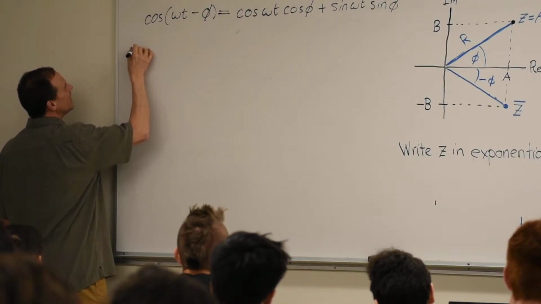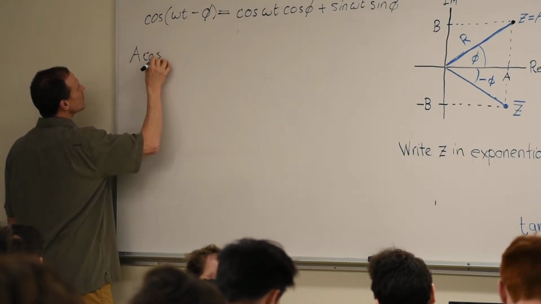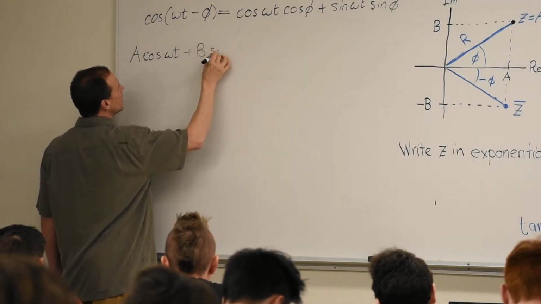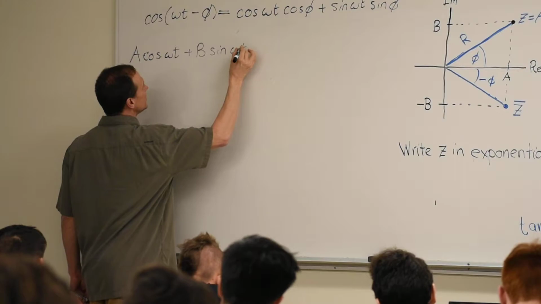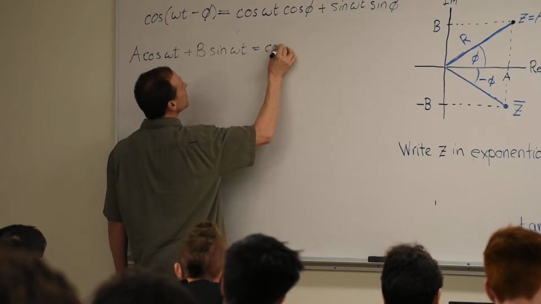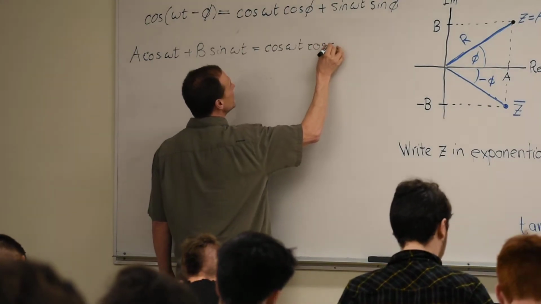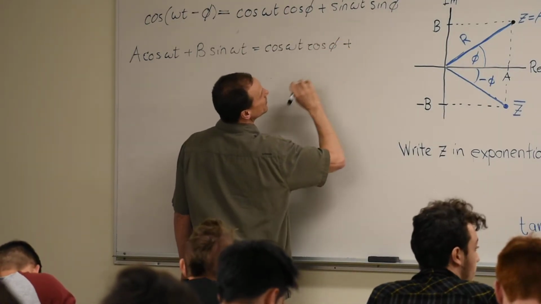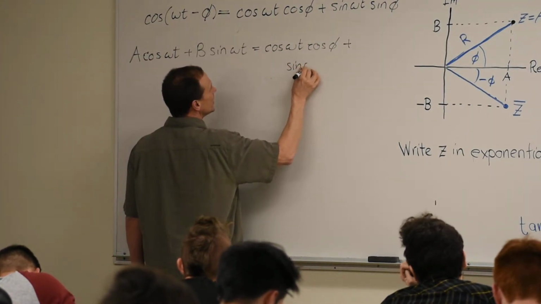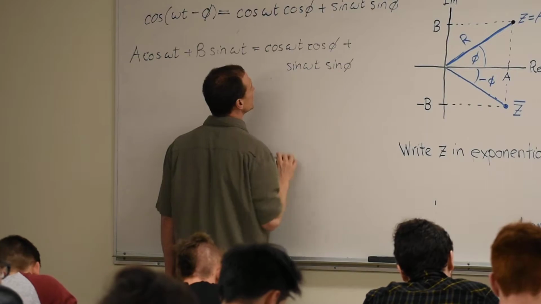So if I have a cosine of omega t plus b sine of omega t equals, I'm going to write out this right-hand side again, a cosine omega t cosine phi plus the sine of omega t sine of phi.